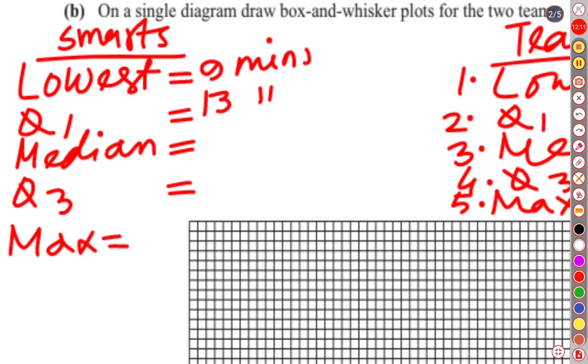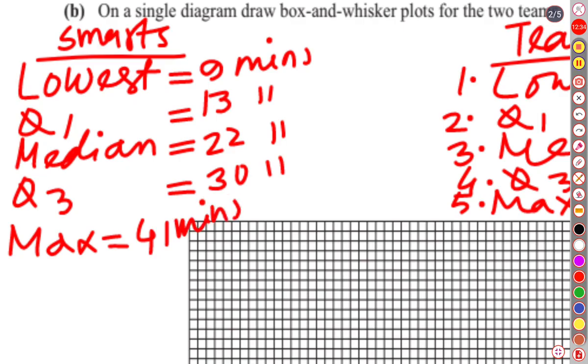Then our median was 22 minutes. Our upper quartile was 30 minutes. Then our maximum value for the smarts was 41 minutes. Then for teasers.